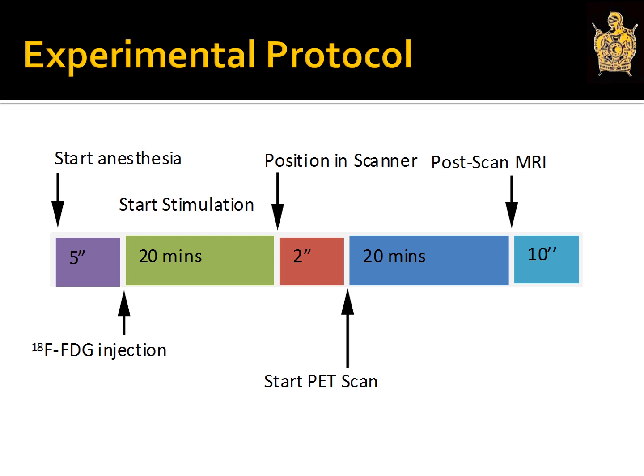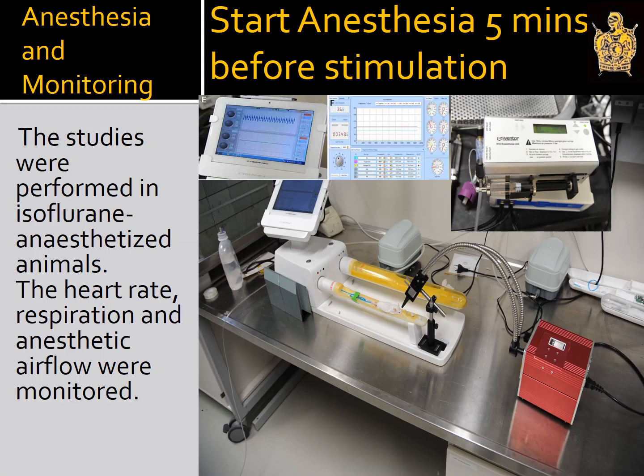Then we positioned the mouse in the scanner and started the PET scan after 2 minutes for a period of 20 minutes. After 20 minutes, we conducted a 10-minute post-scan MRI. The experimental setup is hereby demonstrated.